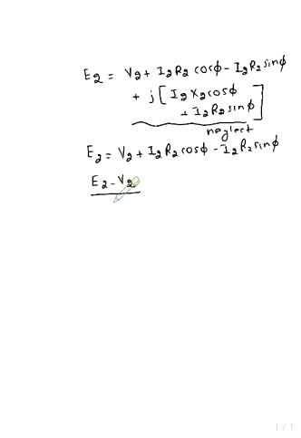So we shift V2 to the left-hand side. We can write the equation E2 minus V2, divided by V2, is equal to I2 R2 cos phi minus I2 X2 sin phi.